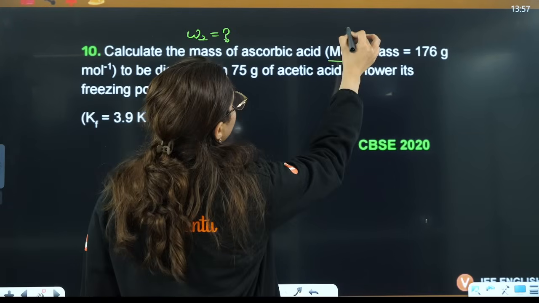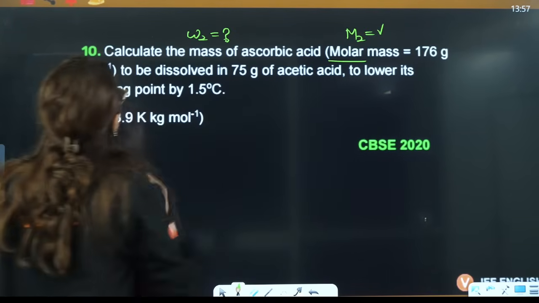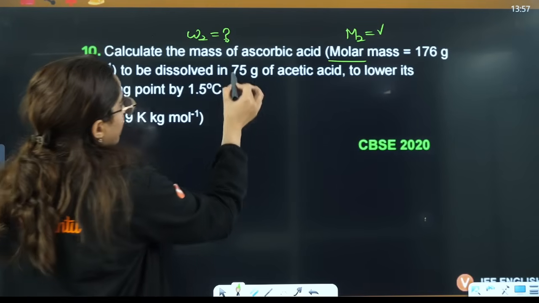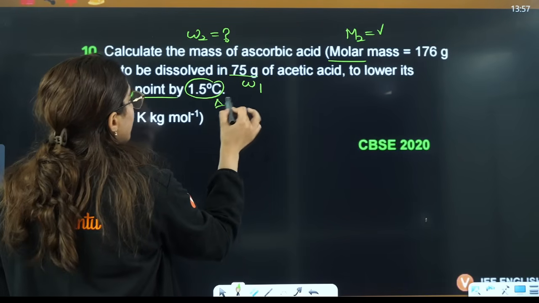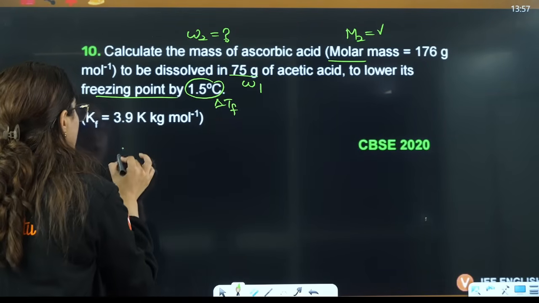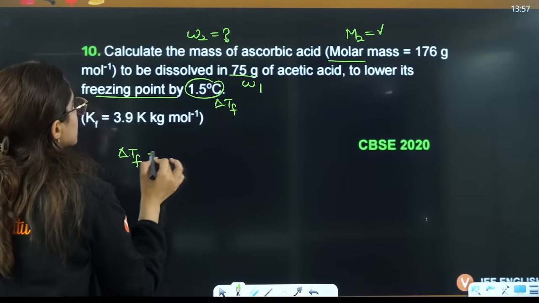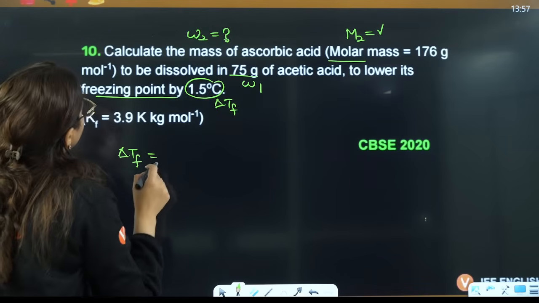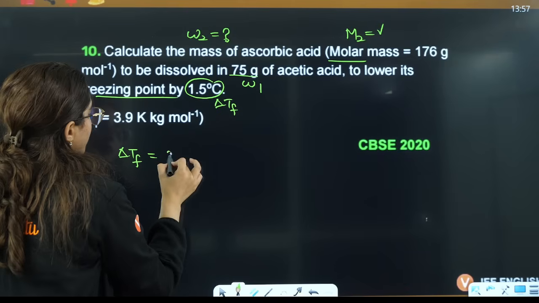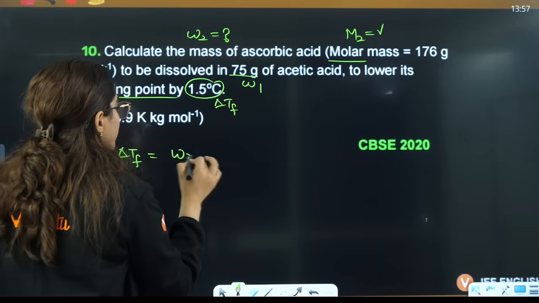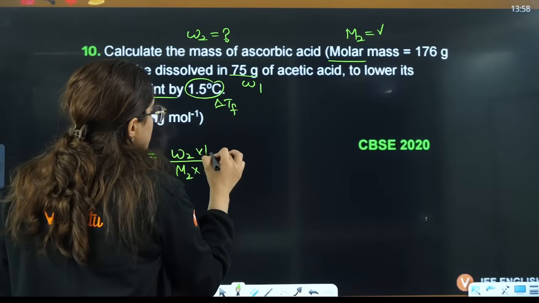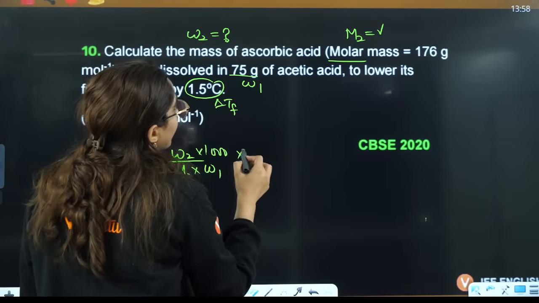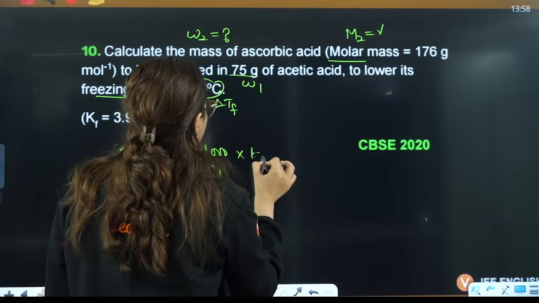M2 is given to you. To be dissolved in 75, W1 is given to you. Delta TF is given to be this. So delta TF is equal to molality, that is W2 by M2, times 1000 over W1, multiplied by KF.